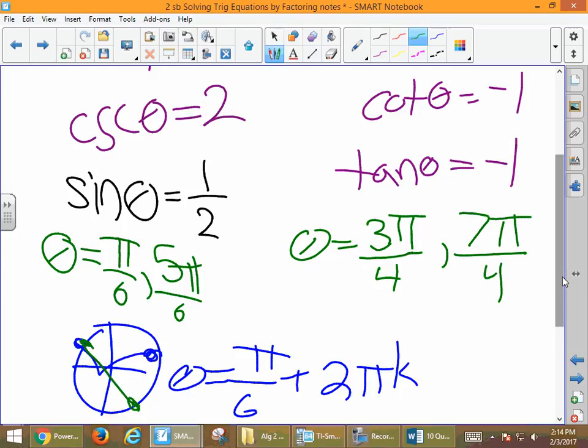They do create a diameter. And so we're going to take our smaller angle and add pi k. So we have theta equals 3 pi over 4 plus pi k.